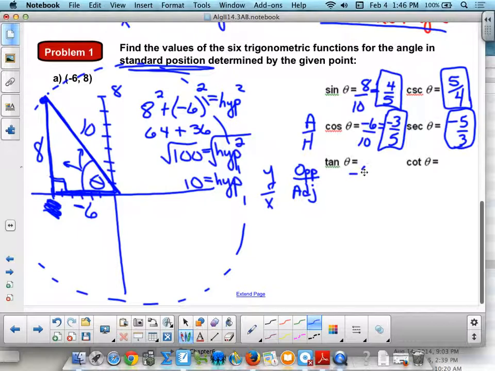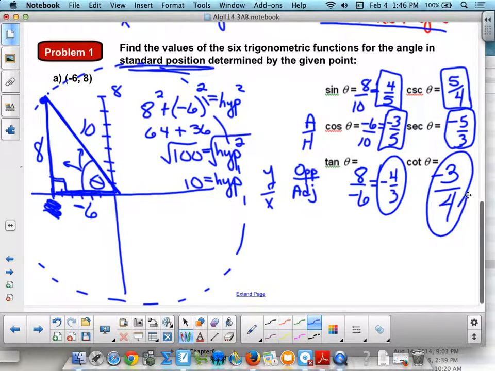So you're saying negative 4. Whoa, I did that wrong. It'd be negative 4/3. 8 over negative 6, which reduces to negative 4/3. You're right. The cotangent answer would be what? Negative 3/4. Got it.